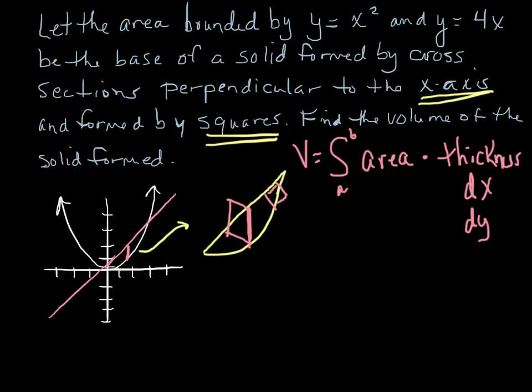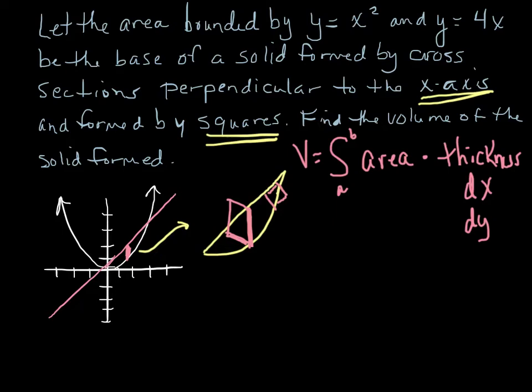In this case, because I'm drawing these perpendicular to the x-axis, my thickness is a dx. Whatever your axis is perpendicular to, that is the variable you integrate with respect to. So if you're perpendicular to the x-axis, it's dx. Perpendicular to the y-axis would be dy.